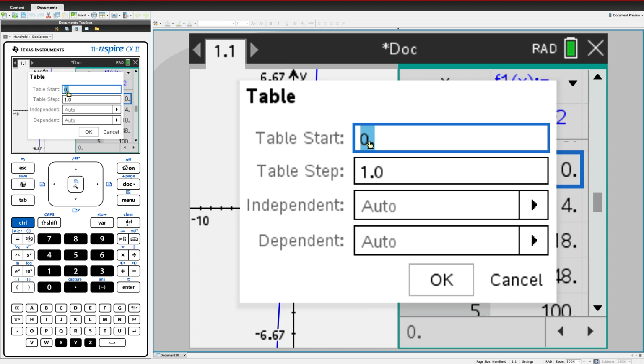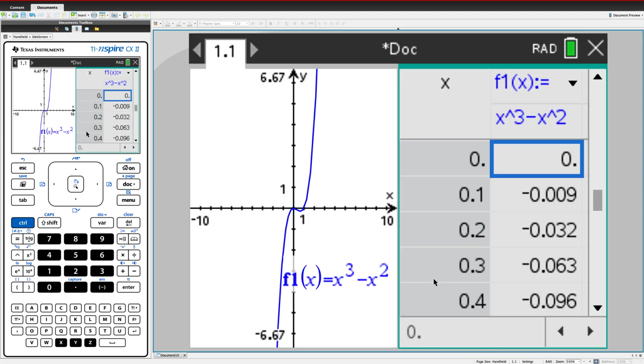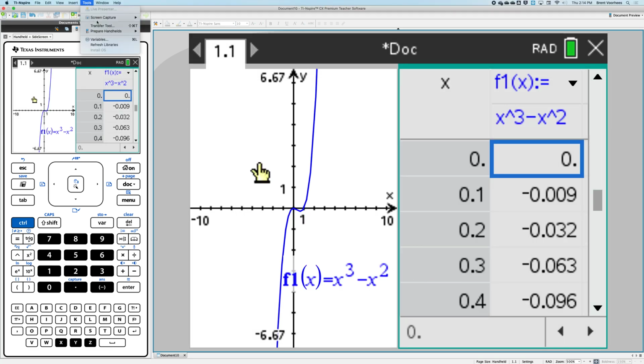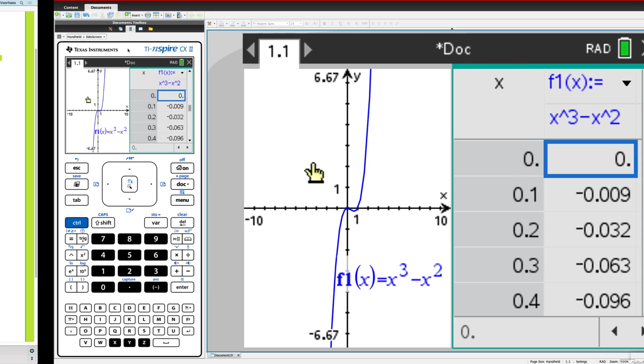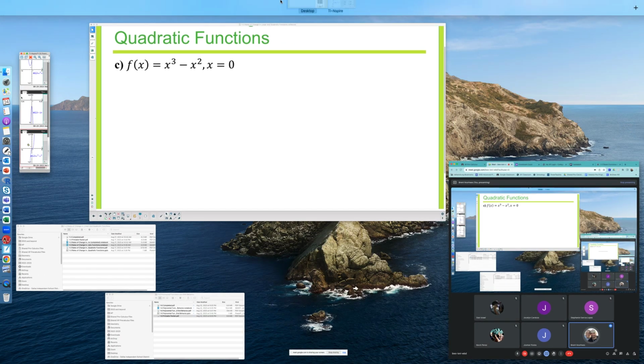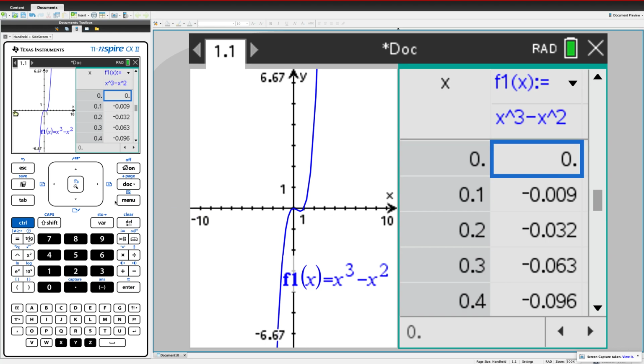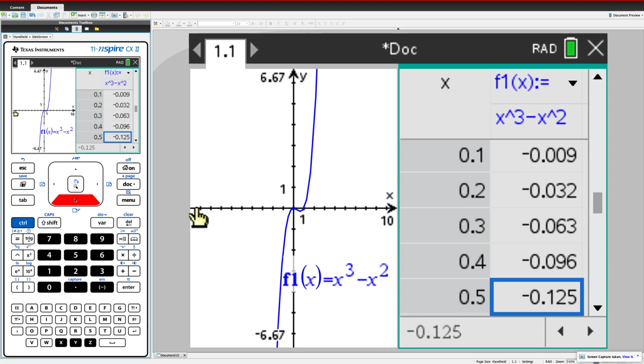So I want to start at 0, and I want us to count by 0.1 because I don't want to miss it. So I'm going to get these values, and I'm going to get some more values. Hang on a second. I'm going to go right back, and I'm going to get some more values. So I got 0 to 4, and I'm going to go all the way to 8, and I should be good from there.